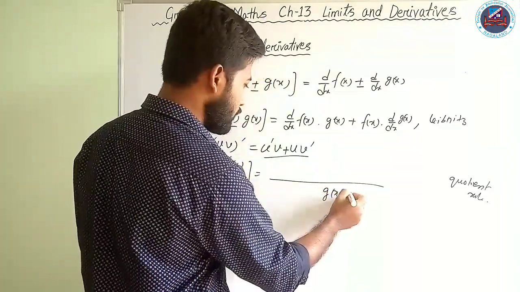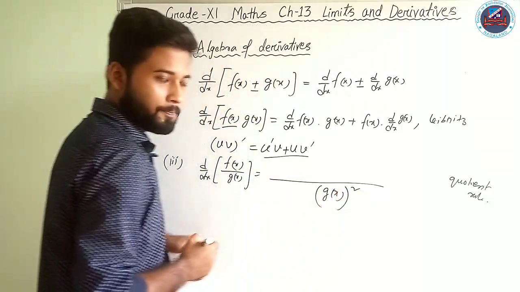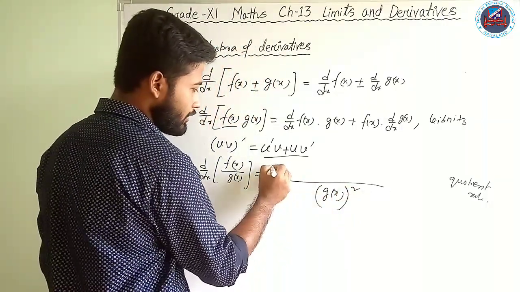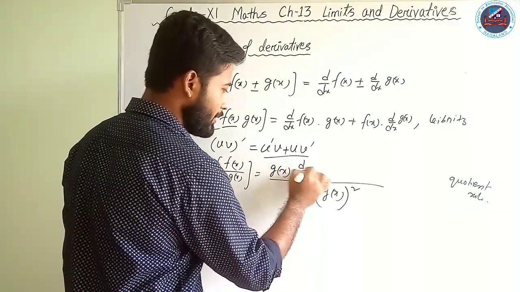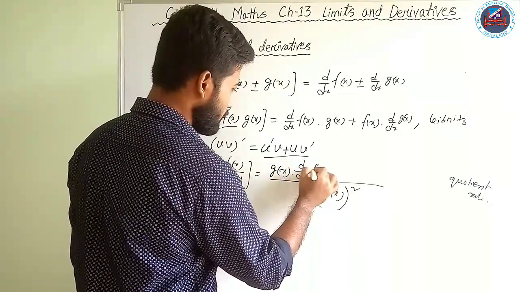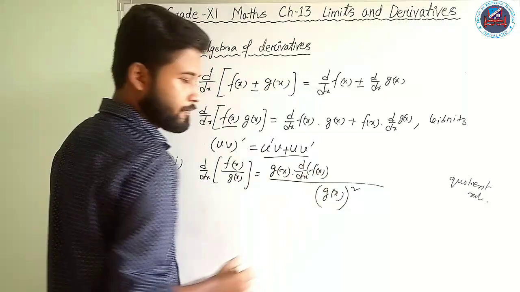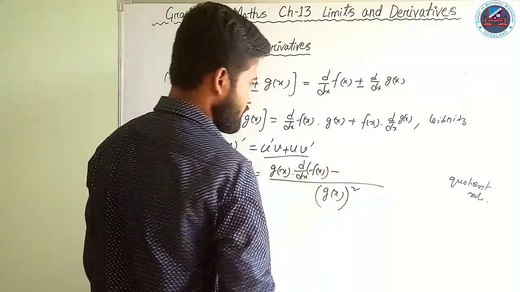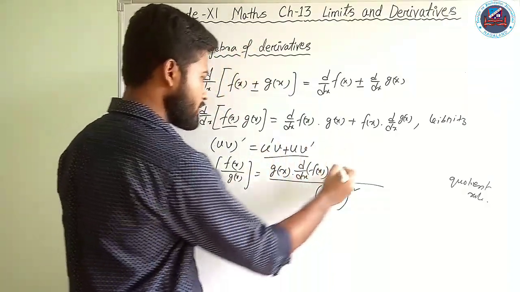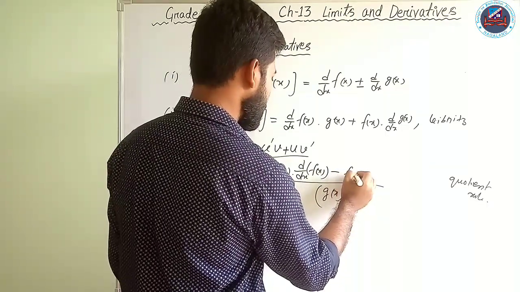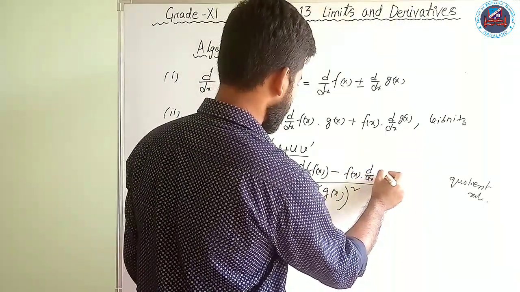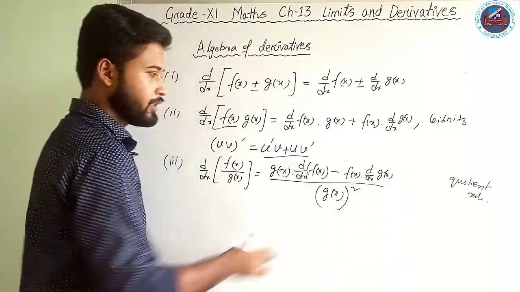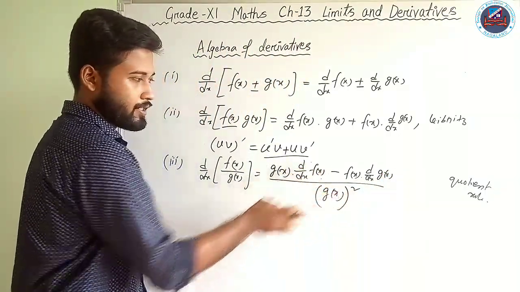This denominator will become square, and then write the denominator first, and find the derivative of the numerator, that will be g(x) times f dash(x), minus, here it was plus, here it will be minus, the first function and derivative of the second function, that is g(x). Even if you don't give the bracket, it's fine.